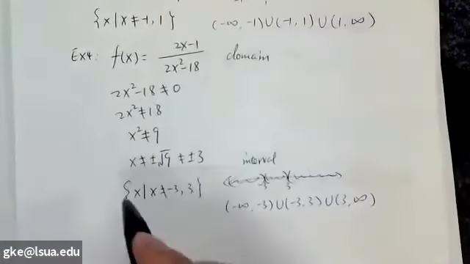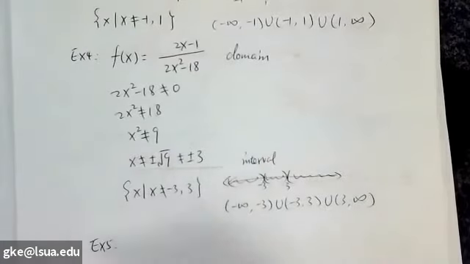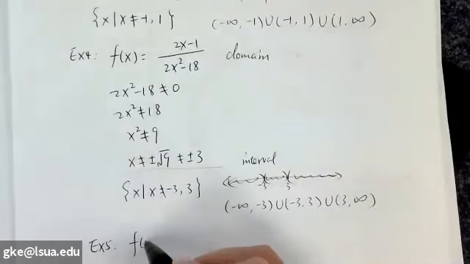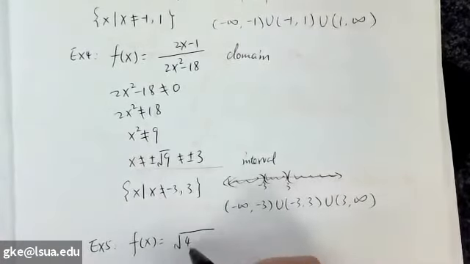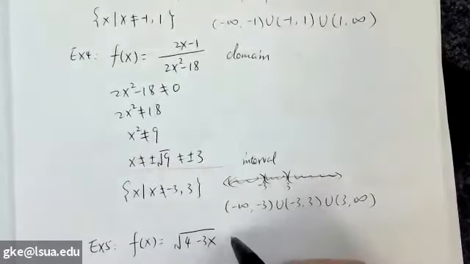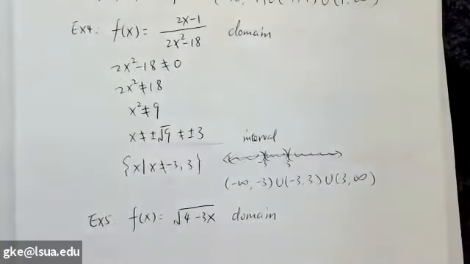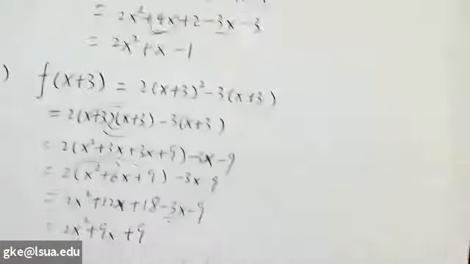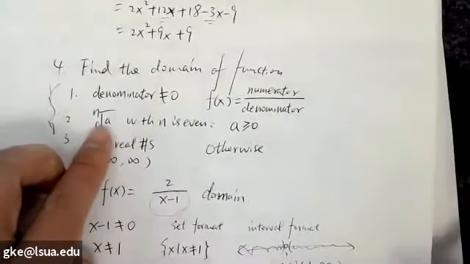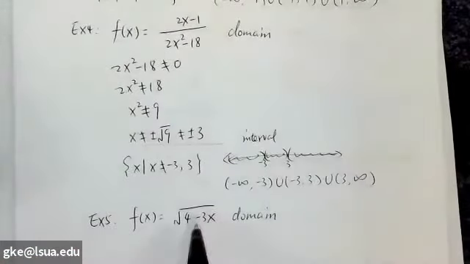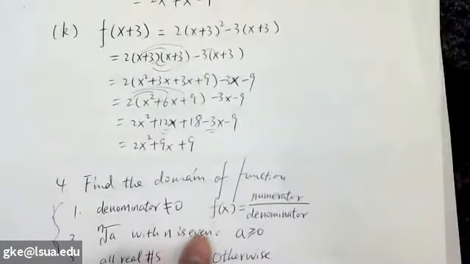Now let's try another one. What is the domain of this function? That is a typical example of the second scenario, because here is the square root, right? n equals 2, n is even.